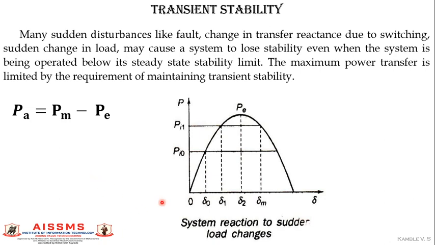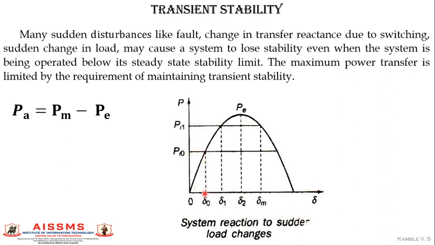Now let us say that the system is operating at delta 0. The system is stable. From this figure we will consider that the system is operating in steady state at Pi equal to Pi0, and the corresponding angle is delta 0.